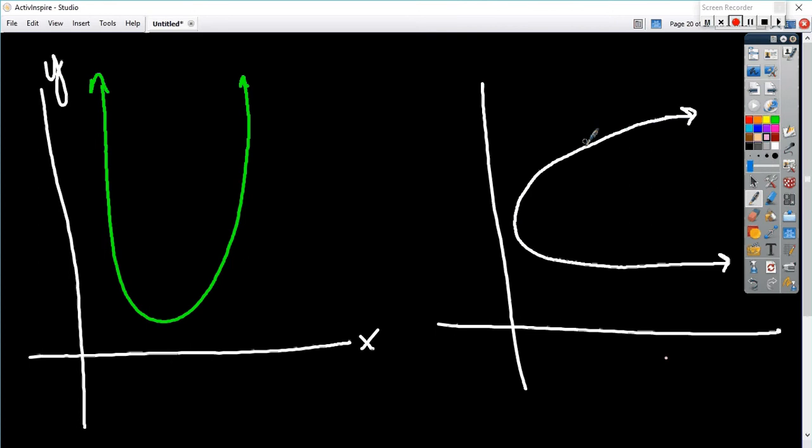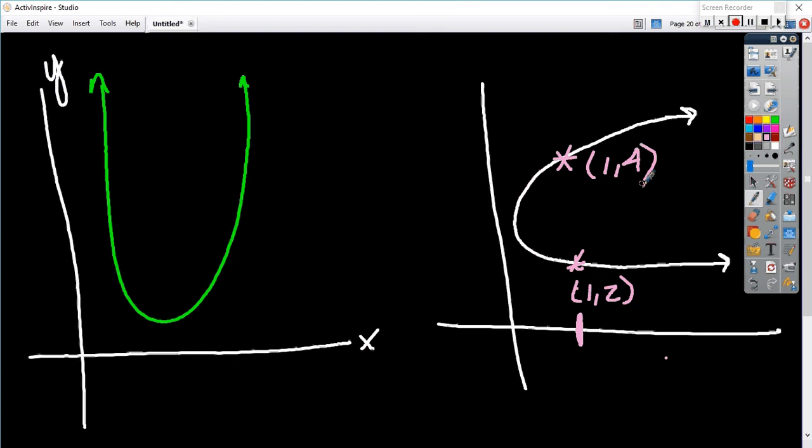Not. Because look, at this x, it would have two y values. So maybe this would be 1, 2, and this would be 1, 4. The x is repeating. You see the x repeating? Same x. You can't have the same x. They're both 1s, right?